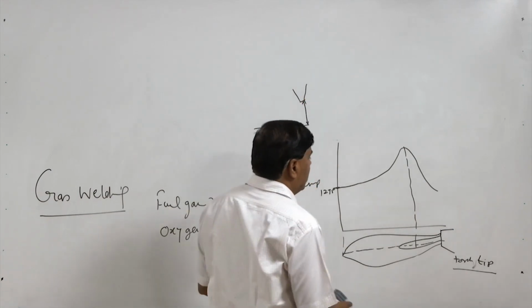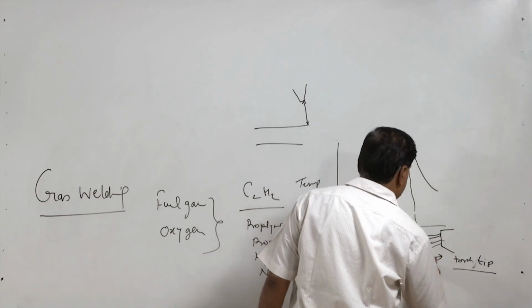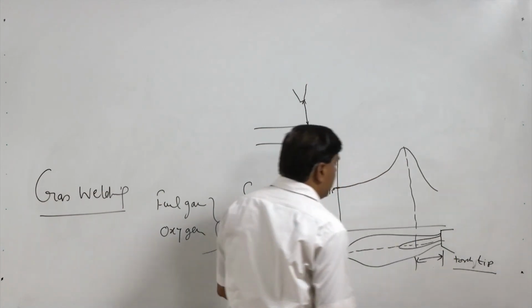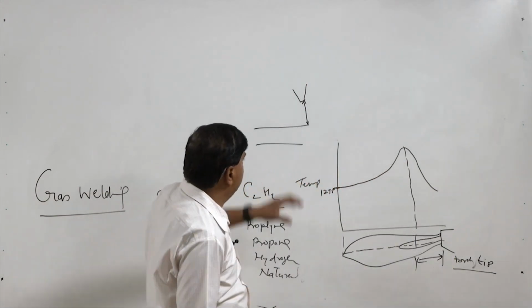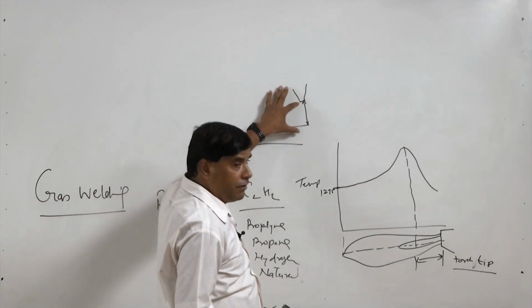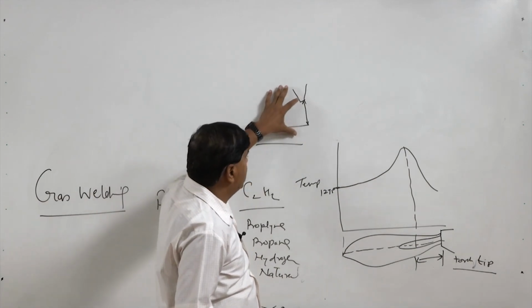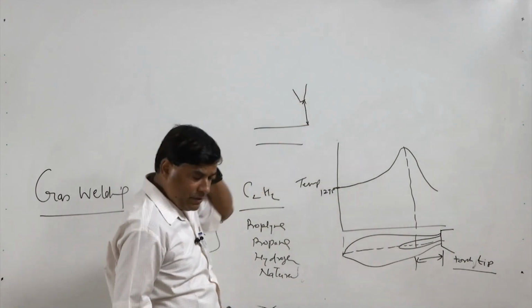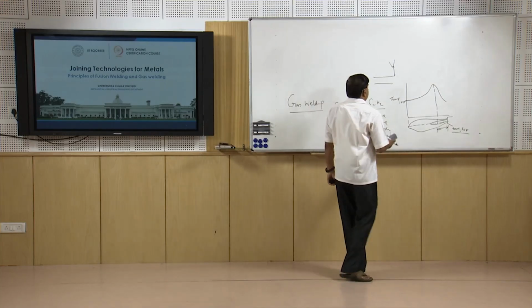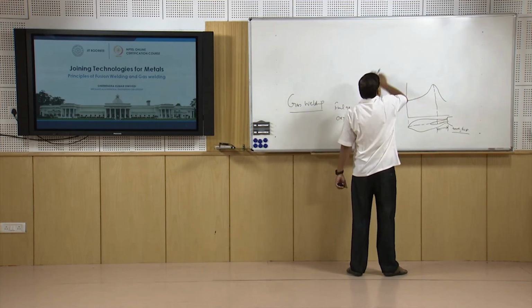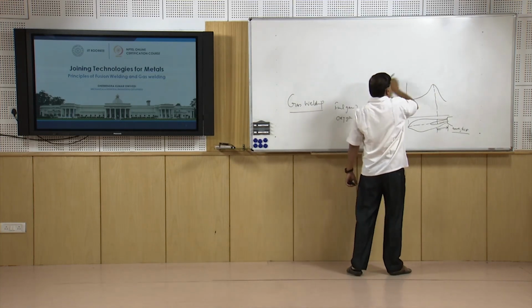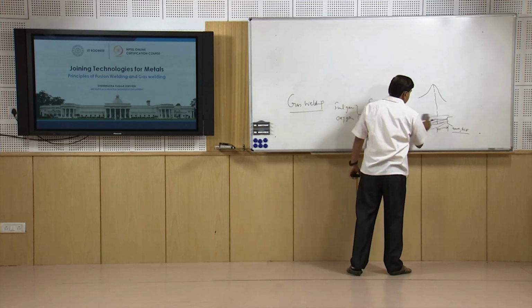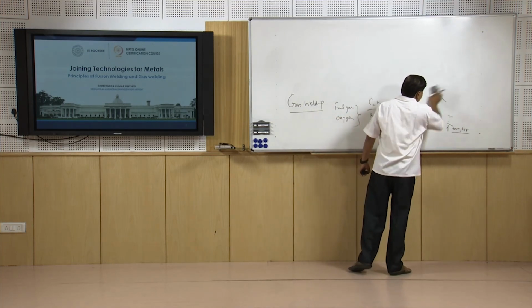So this distance is used to decide the distance of the tip of the torch from the workpiece, so that it is adjusted in such a way that the inner cone is at the surface of the workpiece in order to increase its melting capability. This is the purpose of showing this plot.